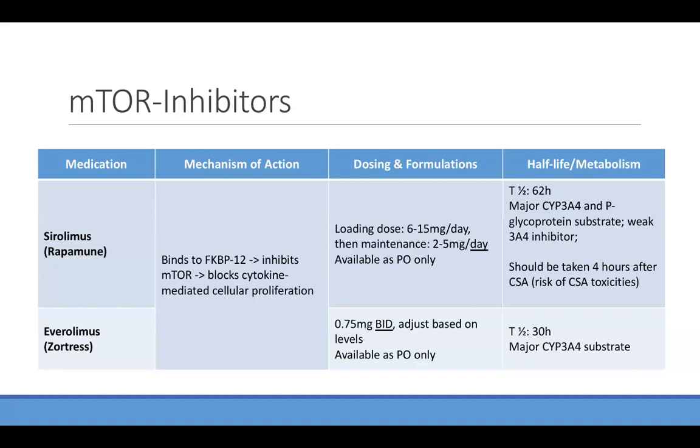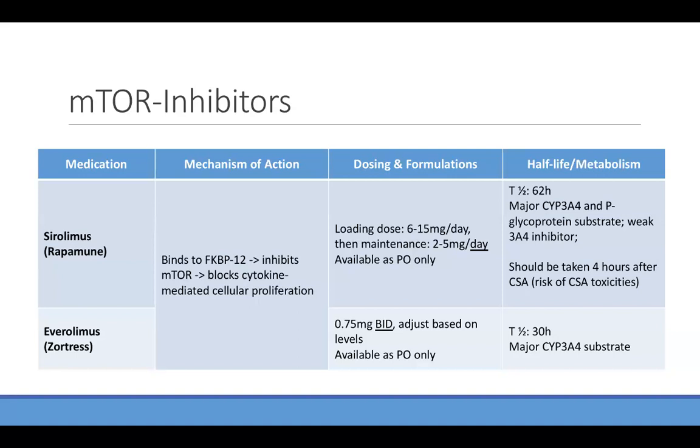And it should be taken 4 hours after cyclosporin. There is an interaction between sirolimus and our cyclosporin due to the PGP substrate. And so for that reason, it should be taken farther away from our cyclosporin. In terms of the everolimus, it doesn't have that interaction, so this can be taken with the cyclosporin, so it can be taken at the same time.